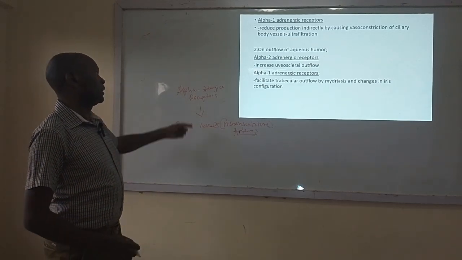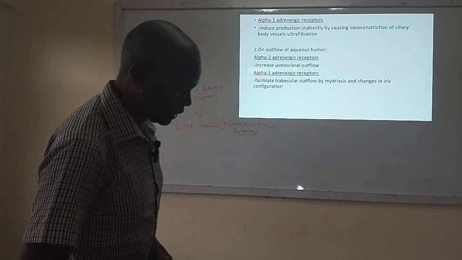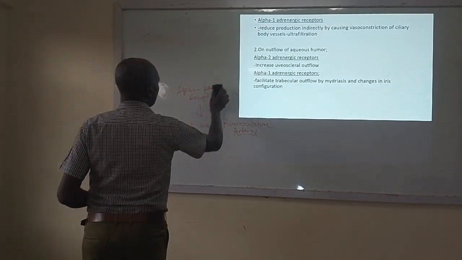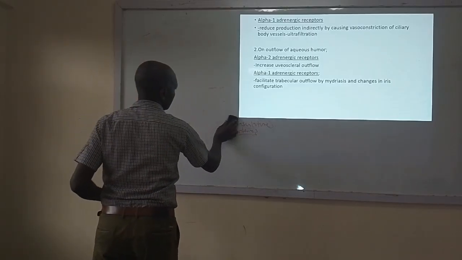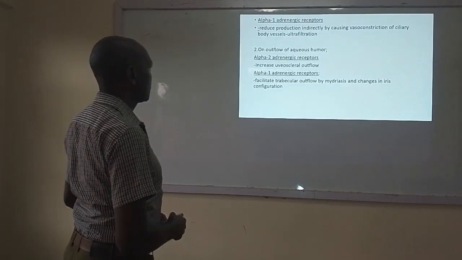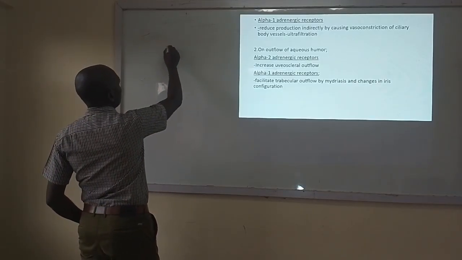So that is where you get the alpha-1 adrenergic receptors. And when we talk of these adrenergic receptors, these are just receptors that are found on the sympathetic division.